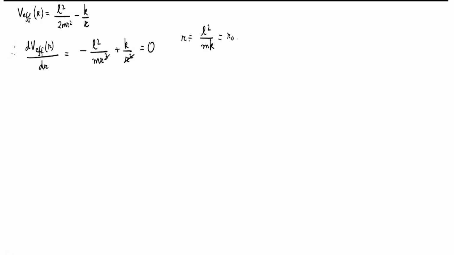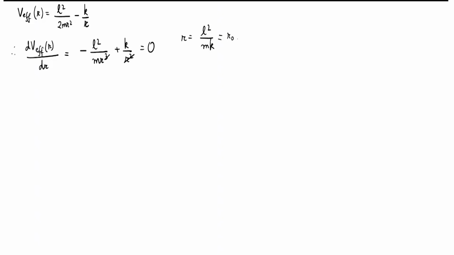So this R0, the stable circular orbit radius, will be 0, that is, it will just fall at the center, only when L is 0. That is, the particle is not orbiting at all. The particle is just plunging head on towards the planet, towards the sun.